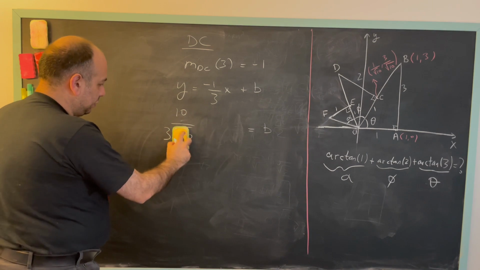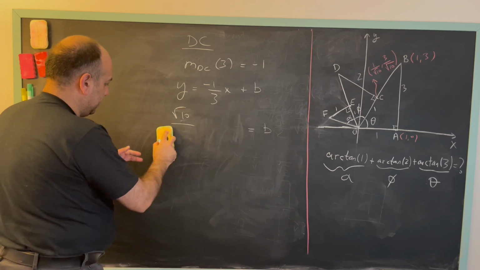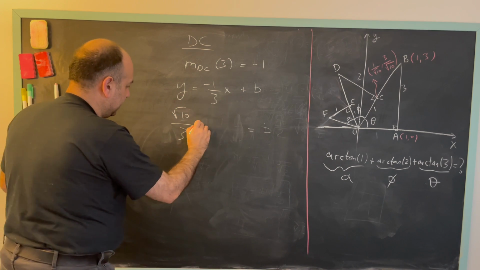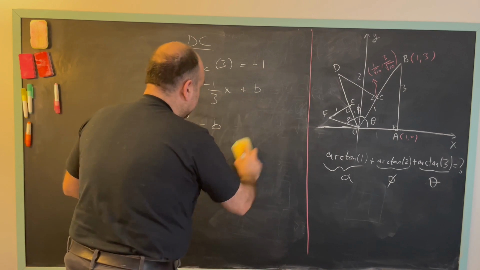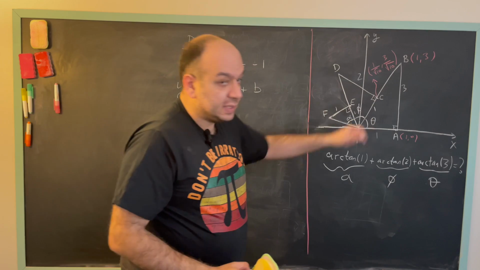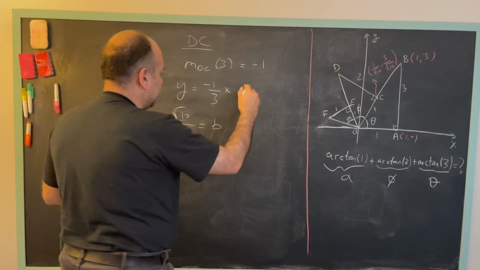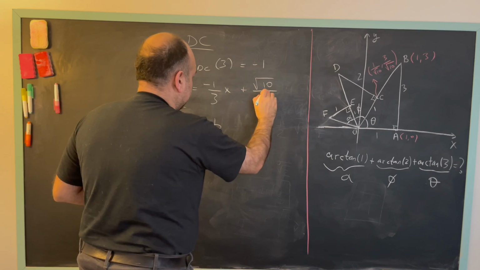But 10 over square root 10 is simply equal to square root of 10, divided by 3 is equal to b. So we simply solve for the line equation for the DC. Okay? So all the points on the DC line segment should satisfy this equation.